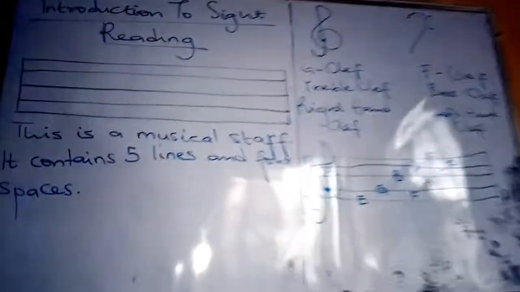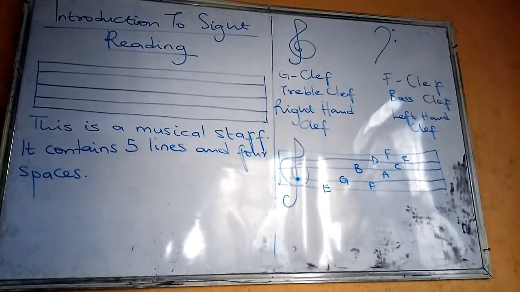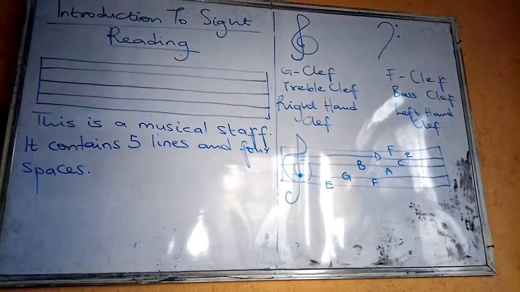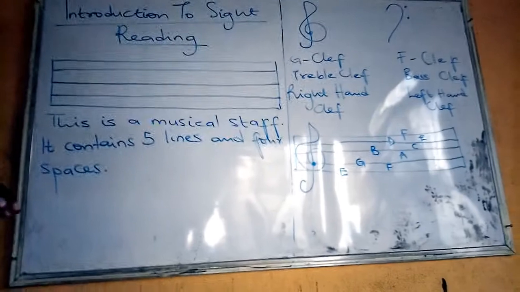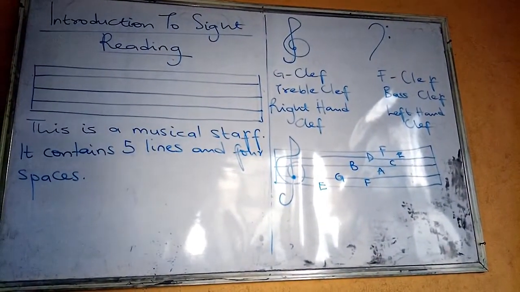Those who understand how to sight read can easily take musical information from the musical staff, and reproduce it the same way the original writer or the original player of that piece intended it to be.